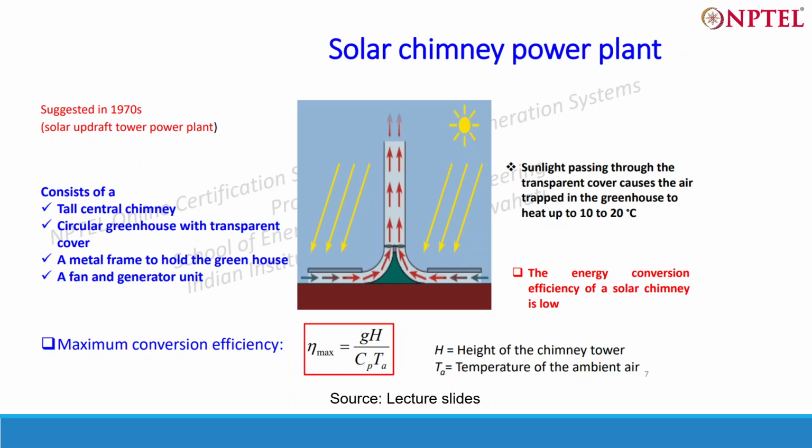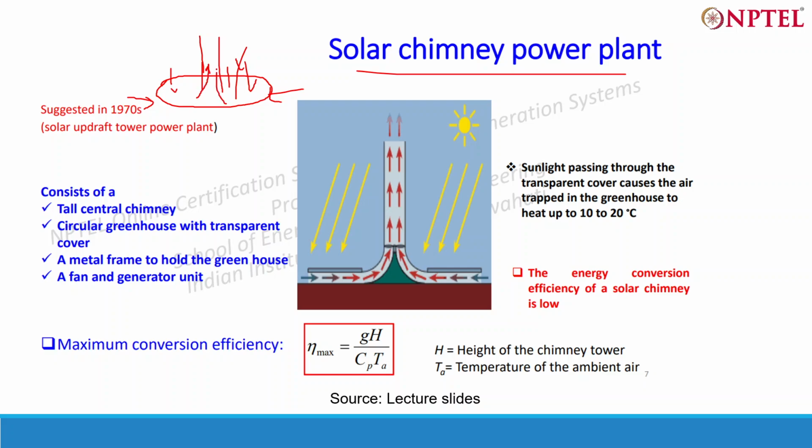Then there is the solar chimney power plant. This is the question I have given. There is a big disc type of surface made of glazing on the ground, and there is a chimney, and there is a flow of air from all the sides. When sunlight heats this, the air is heated and a convection current is formed.